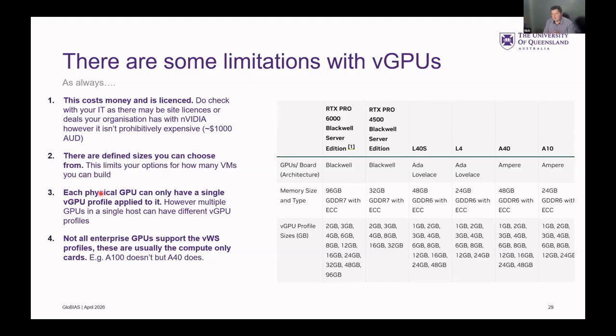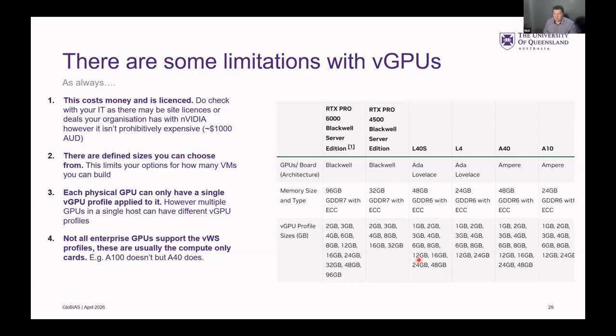So what I mean by that is, if you've got a single L40S that's got 48 gig of VRAM, you could have one 48 gig virtual GPU presented, or two 24 gig, but you can't have one 24 and then two 12s on top from the one card. But what you can do if you have multiple of these is have one carved up into some big ones and then one carved up into a lot of little ones and then present all of them into different VMs.